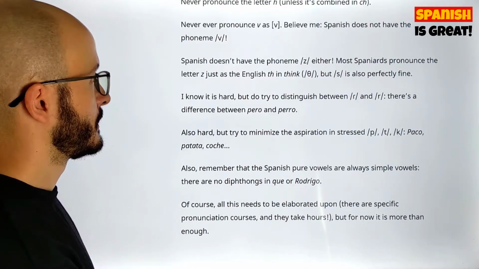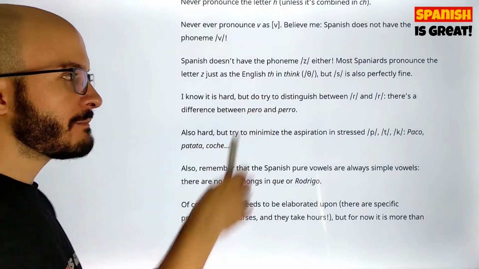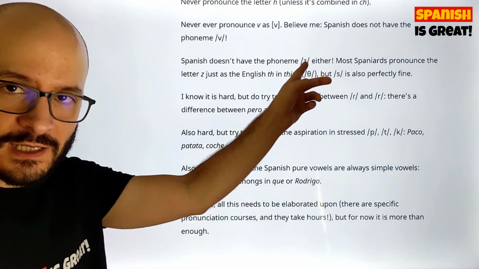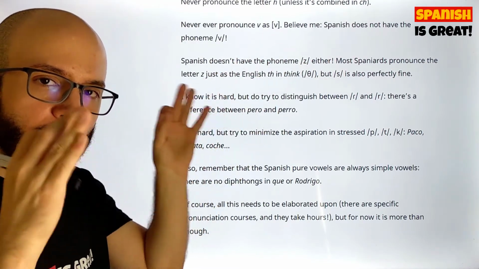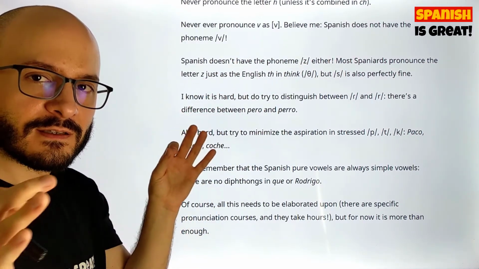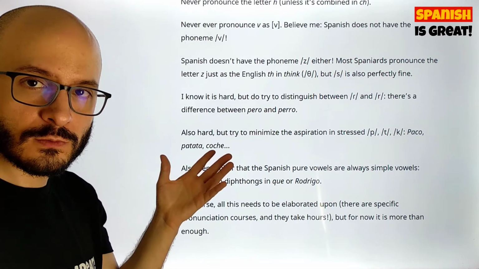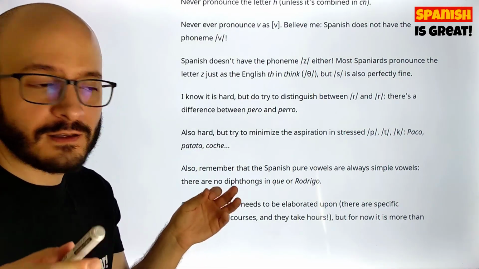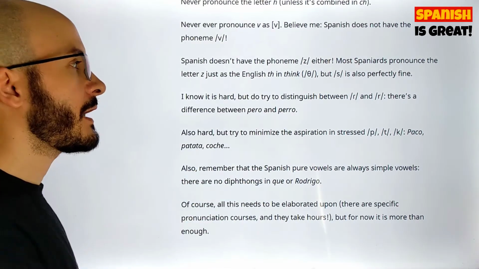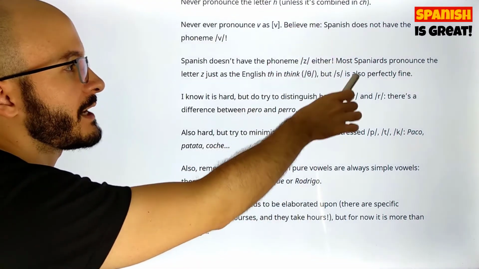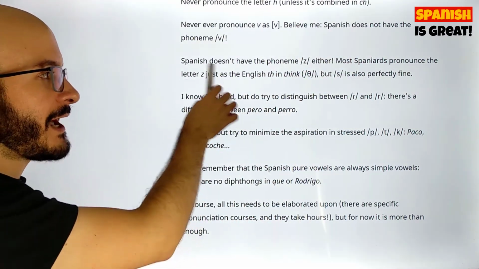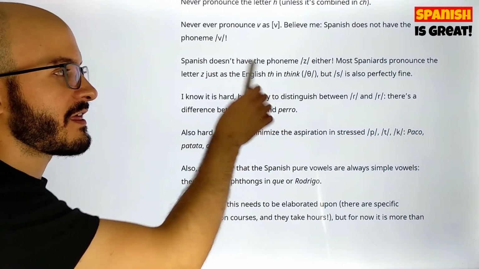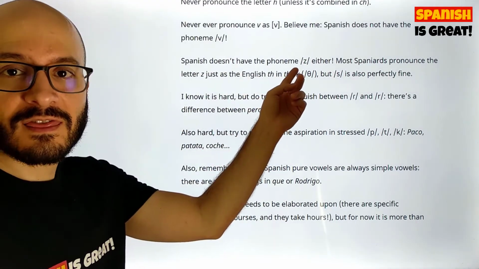Then, Spanish doesn't have the phoneme Z. We have seen before that there was no letter for the sound Z, as in, for example, zu, okay? Why is that? Because Spanish doesn't have the sound Z, okay? Most Spaniards pronounce the letter zeta just as the English th in think.